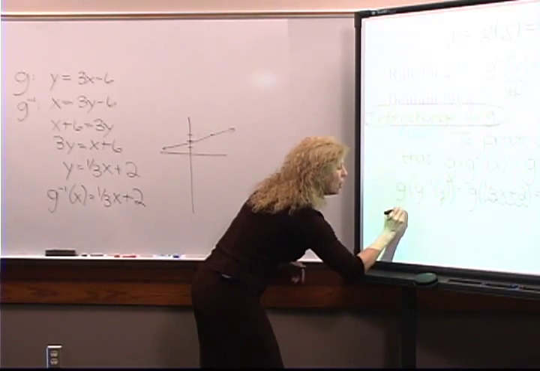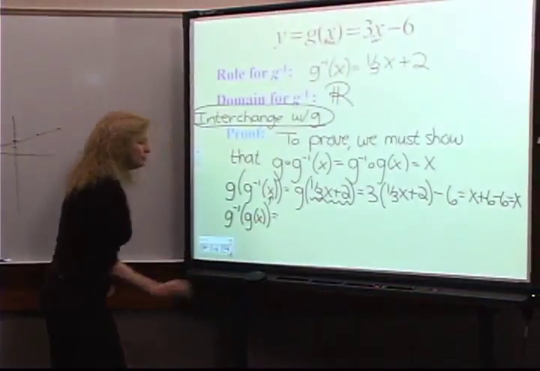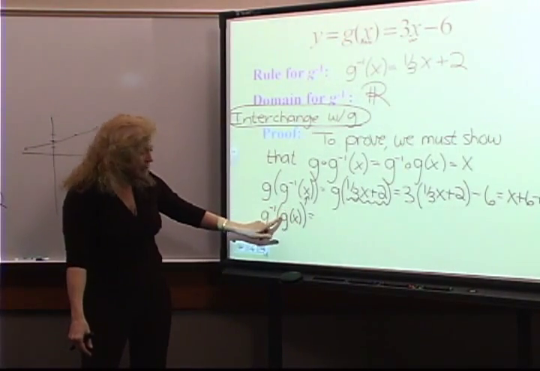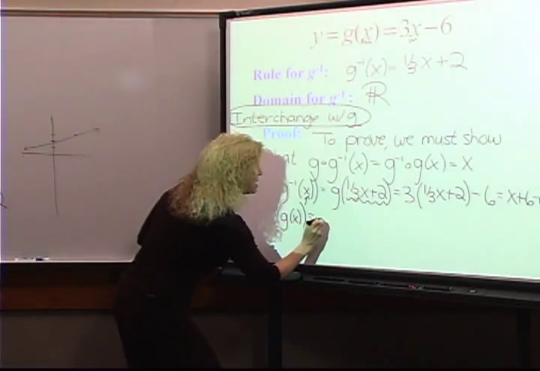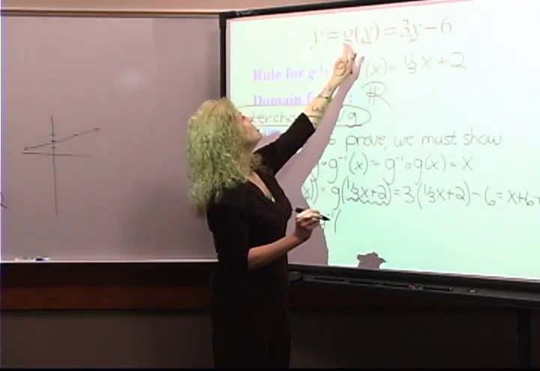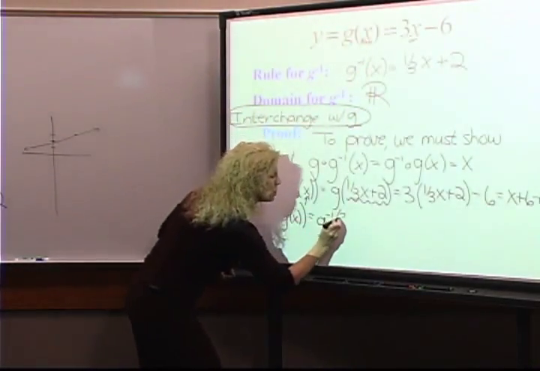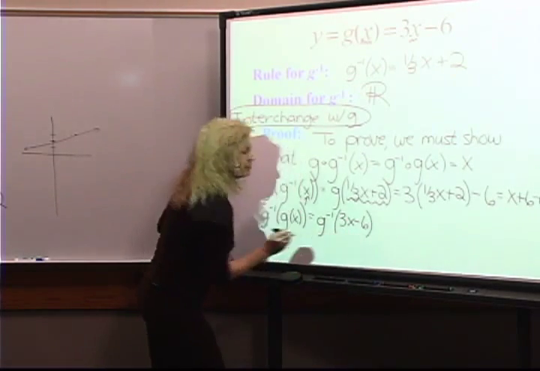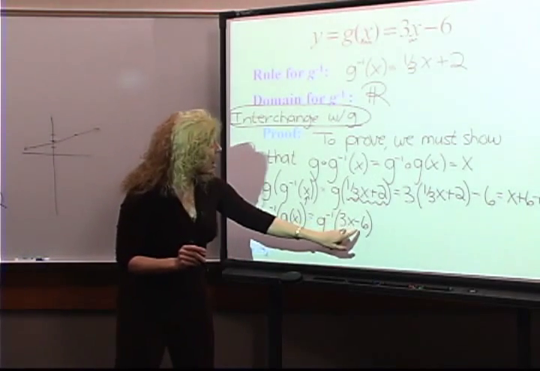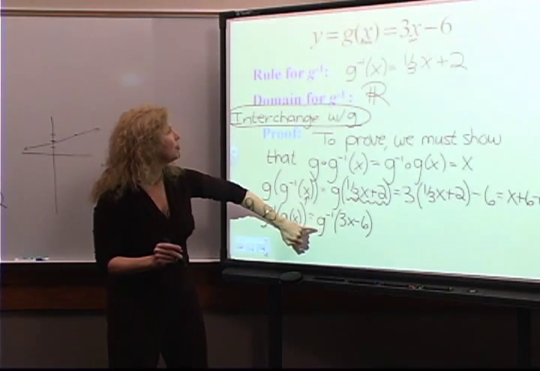Now I say, okay, g inverse of g of x. I'm going to first take x and run it into the g function. When I do that, what do I get? g of x is 3x minus 6. Now, I'm supposed to take all of that and run it into the inverse.